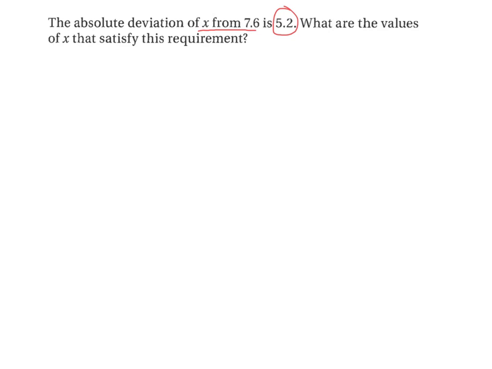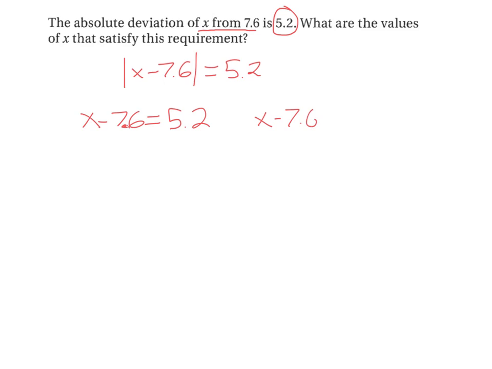So our equation here should be the absolute value of x minus 7.6 equals 5.2, because I'm trying to find the distance that x is away from 7.6, and I know that the absolute deviation is 5.2. Solving this isn't too difficult, but sometimes setting it up can't always be straightforward or seem as straightforward as it might appear.